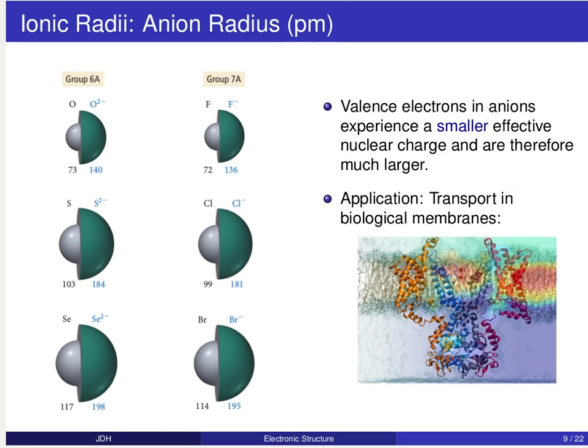Now, a really cool application of these ions comes about in biological systems that you will probably study later on in your coursework, where you'll see these really fascinating looking protein structures, which I'm showing here by all these little curlicue looking things, embedded in the membrane of a cell.